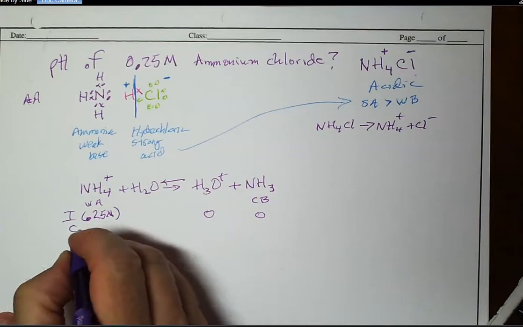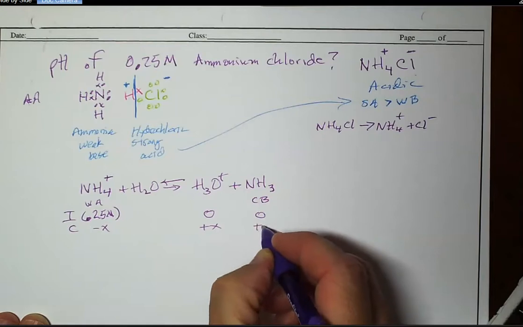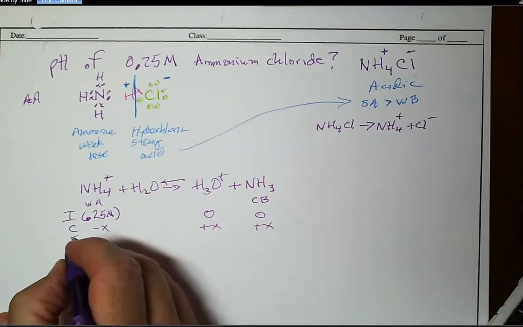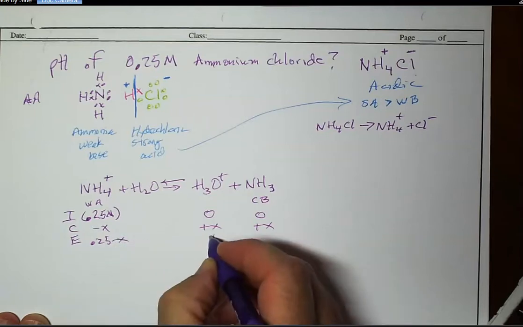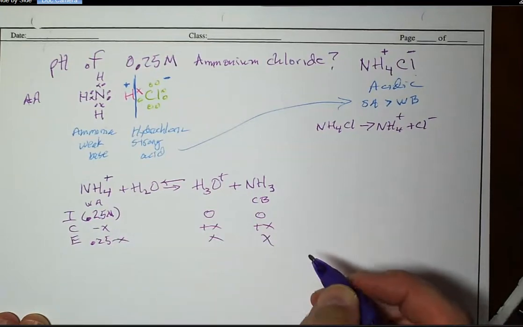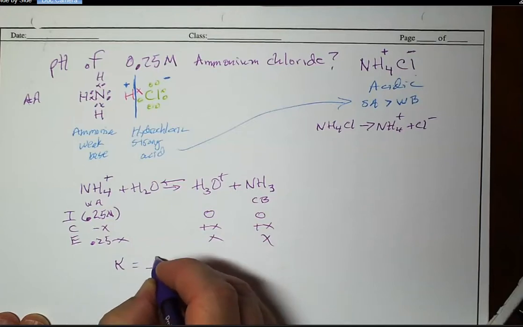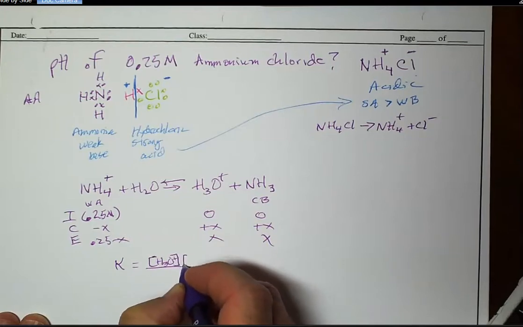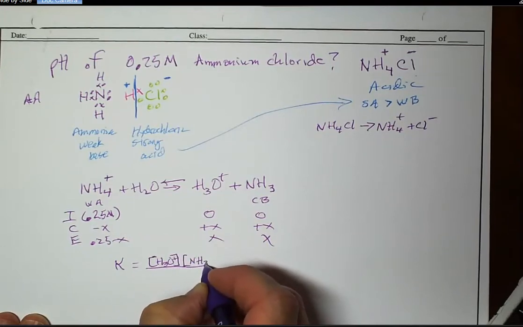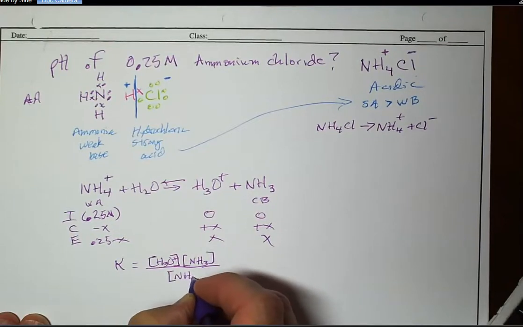And so, of course, the change is going to be, we're going to remove X of this to create X of this and create X of this, so that at equilibrium we have 0.25 minus X, X, and X. And our K is going to equal hydronium times ammonia over ammonium.